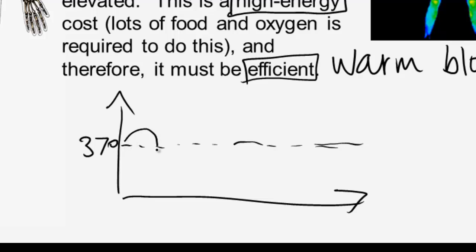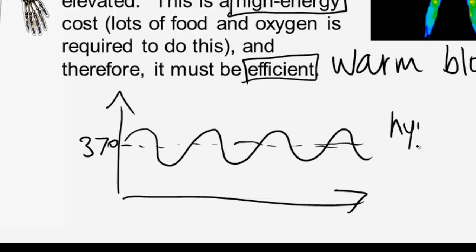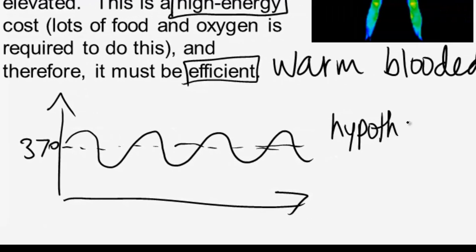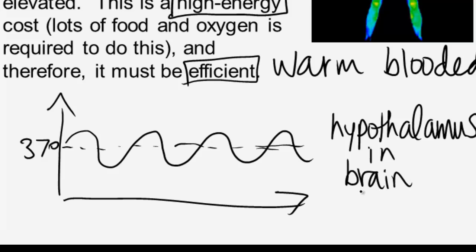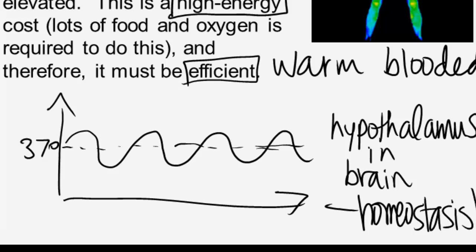So we want to try to keep our internal body temperature around 37 degrees, and it will waver around that set point, a little bit higher, a little bit lower, as your body attempts to maintain 37 degrees. And the part of your brain that helps you do that is the hypothalamus. So the hypothalamus is involved in maintaining homeostasis in our bodies, and one of the things that we want to maintain at a certain level is body temperature.